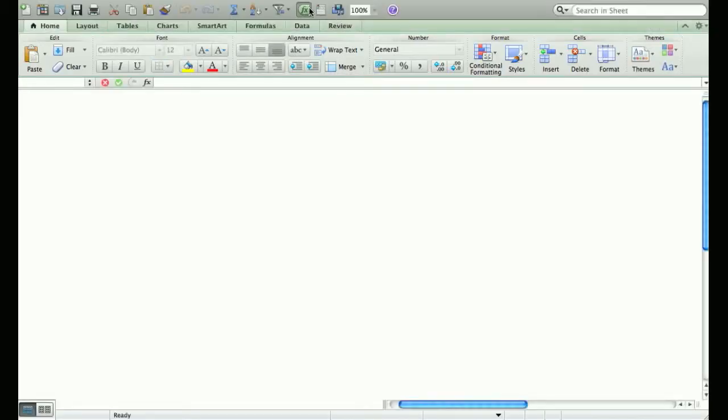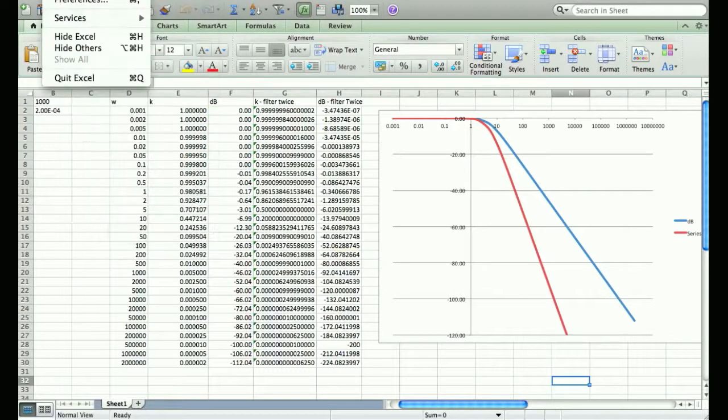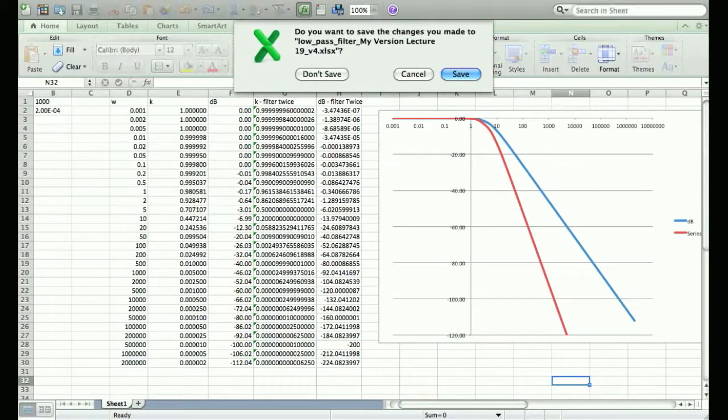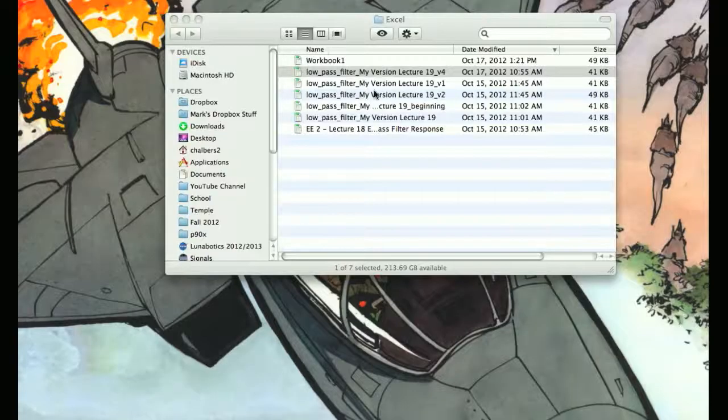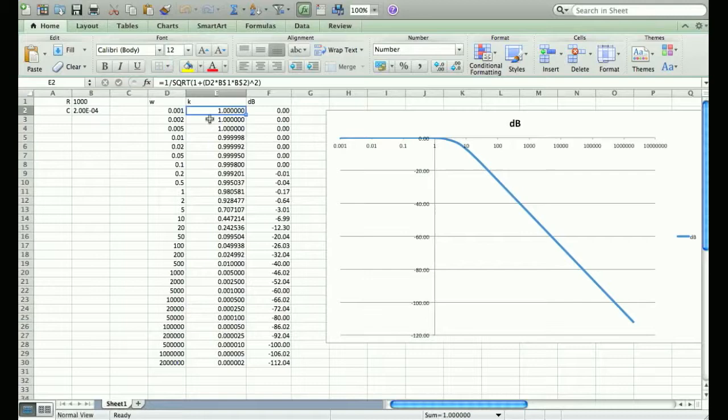There we go. Okay, starting to get some on. I'll turn off the lights.